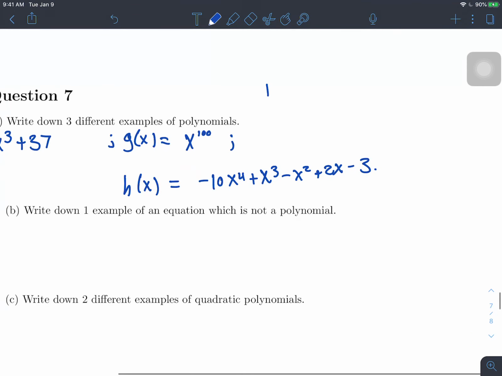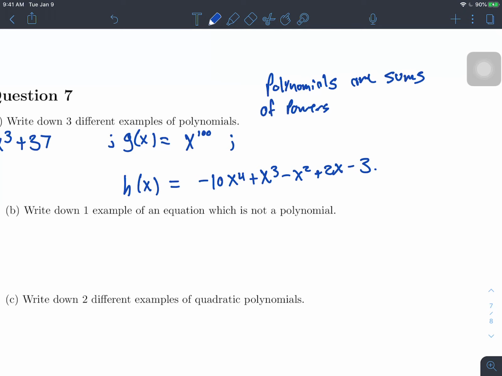Remember, polynomials are sums of powers of x where the powers are non-negative integers.